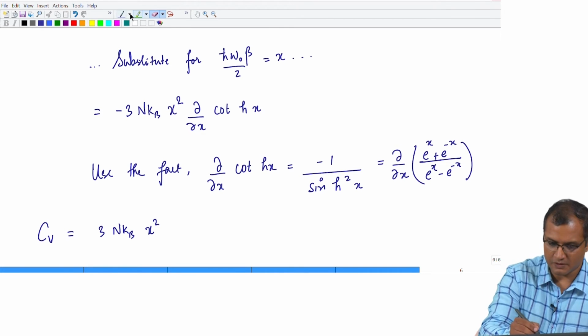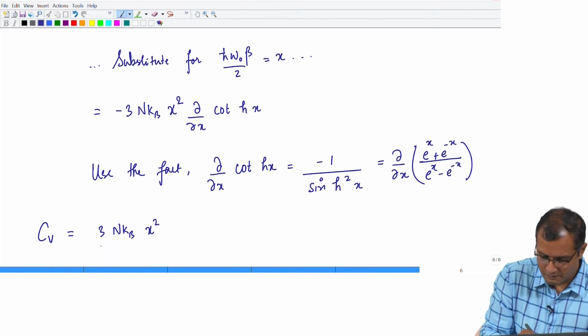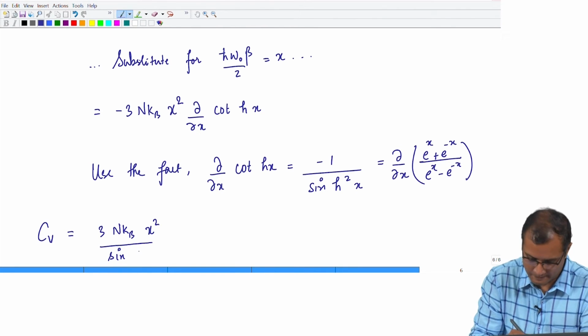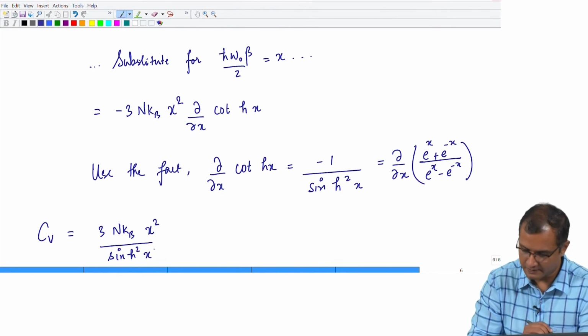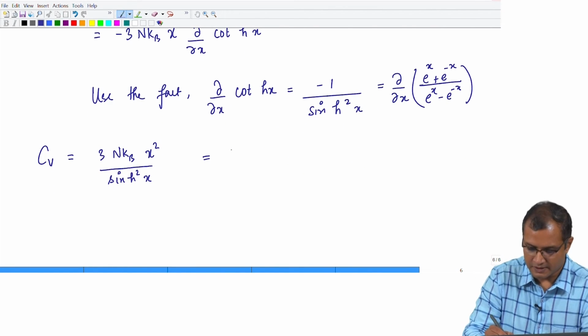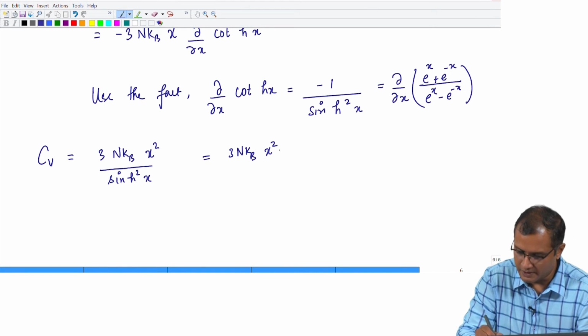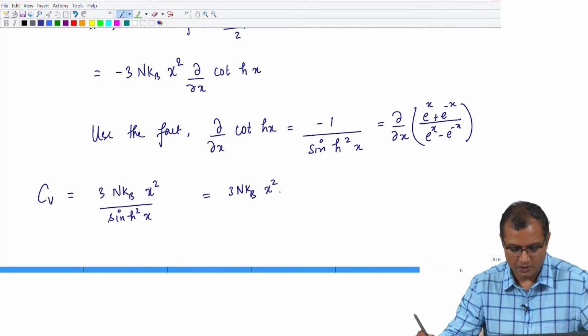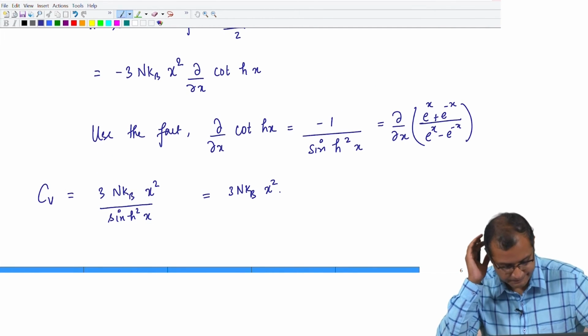So, minus turns into positive now. So, this is 3 times nk_B into x square.